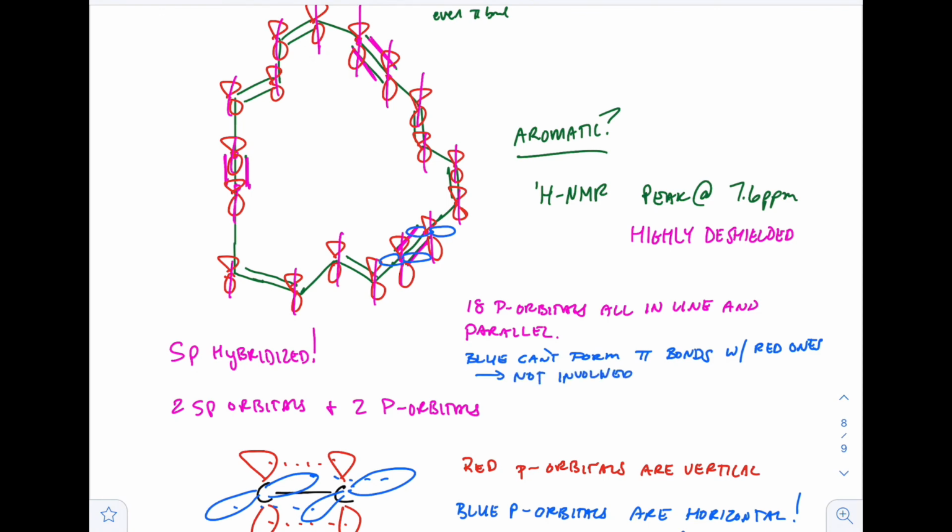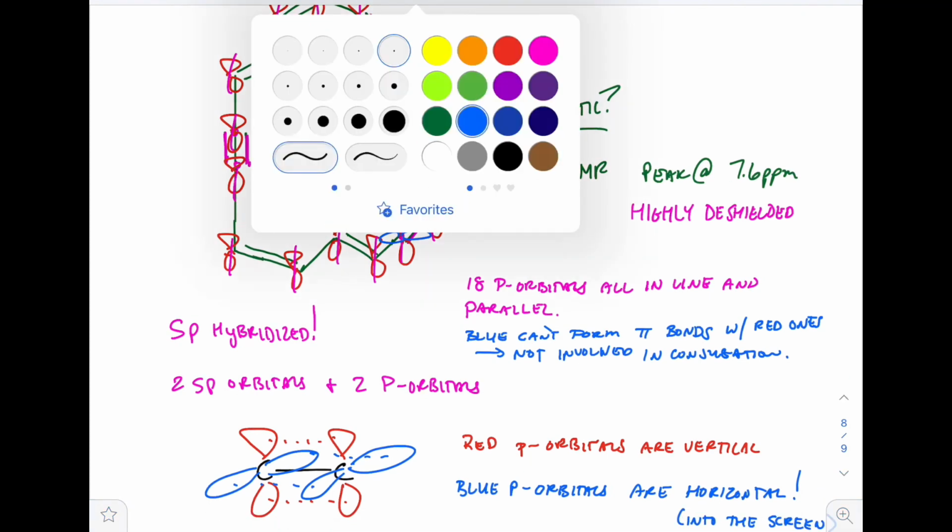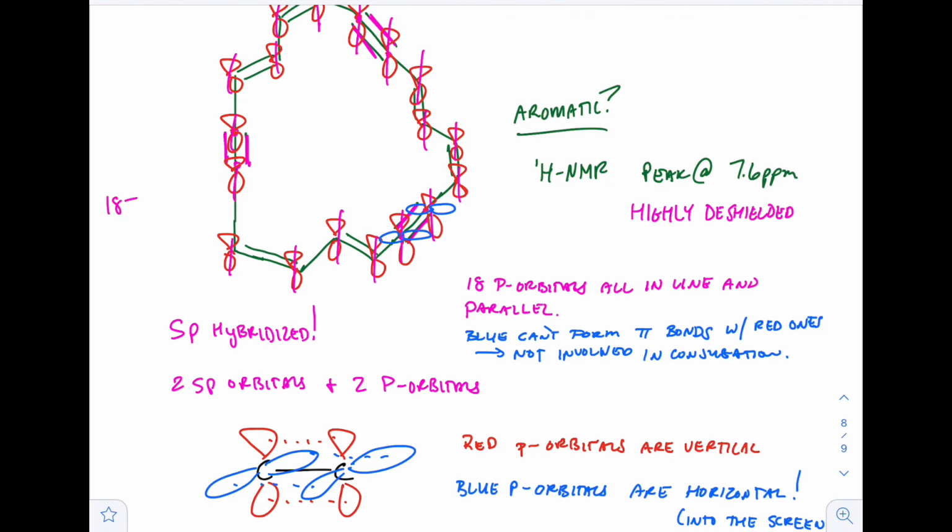They are therefore not involved in conjugation. So what's the significance of that? Again, that means that 2 of the pi electrons in each alkyne don't participate in the delocalization of electrons. So that means we have 18 total pi electrons, and that follows the 4n plus 2 rule where n equals 4, and that means that it is in fact aromatic.